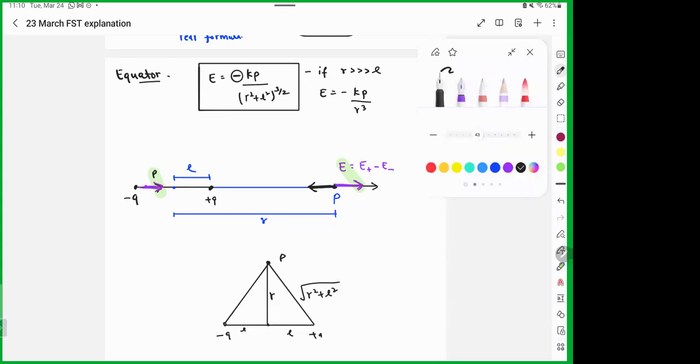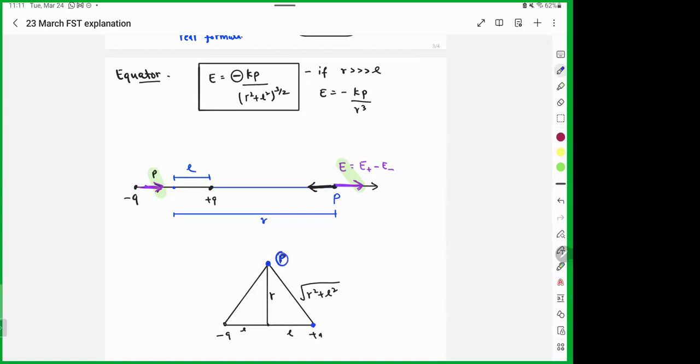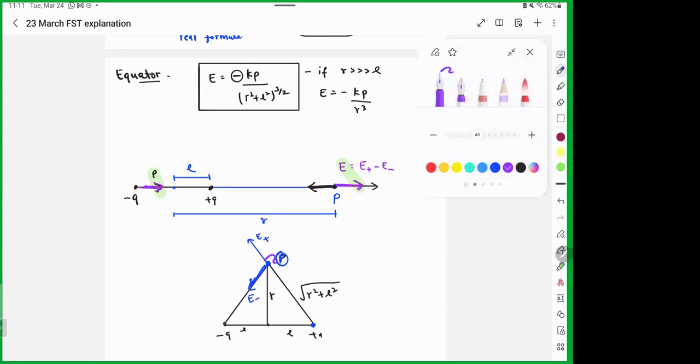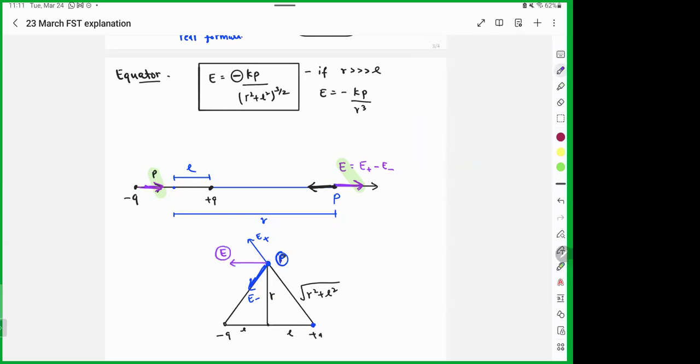Now tell me, Chandana, whenever we talk about this P, we always place a unit positive test charge. It means it will be repelled. Yes, correct, sir. Electric field because of the positive charge repels, and electric field because of the negative charge will be attracted toward it, E negative. What will be the resultant of these two? This will be the net electric field.